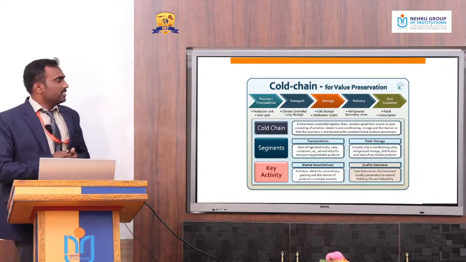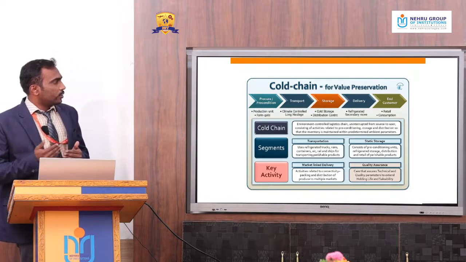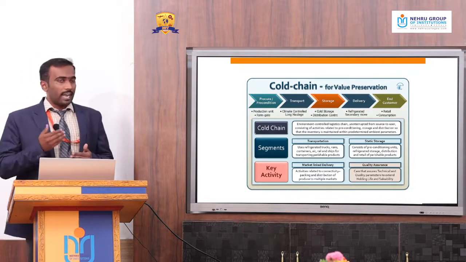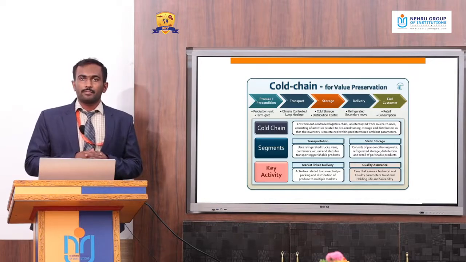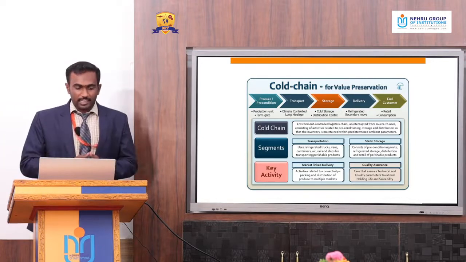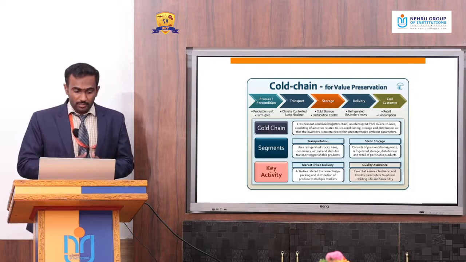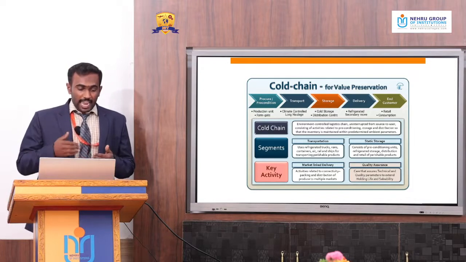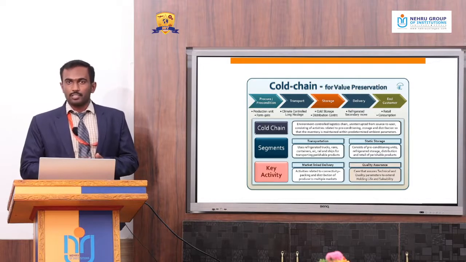It consists of activities related to preconditioning, storage and distribution, in which inventory is maintained at a particular temperature. These activities may be during storage or transportation, and the key activities involved are market link delivery as well as quality assurance.